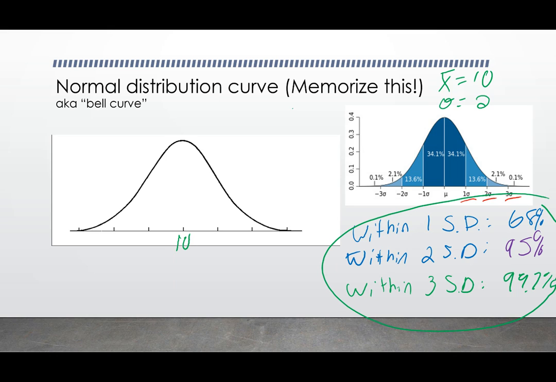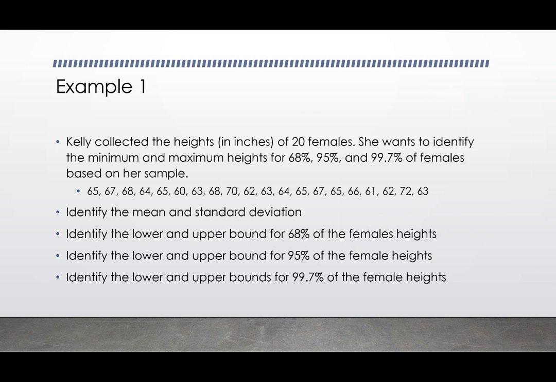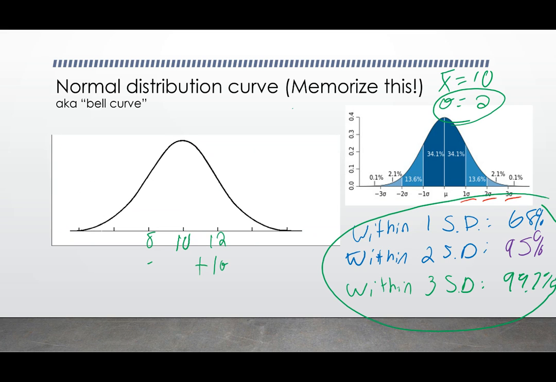So if the standard deviation is 2, then 1 standard deviation above would be at 12 and 1 standard deviation below would be at 8, because that's 2 less and 2 above. So that's the mean plus 1 standard deviation, which is 2, and minus 1 standard deviation, which again would be minus 2.